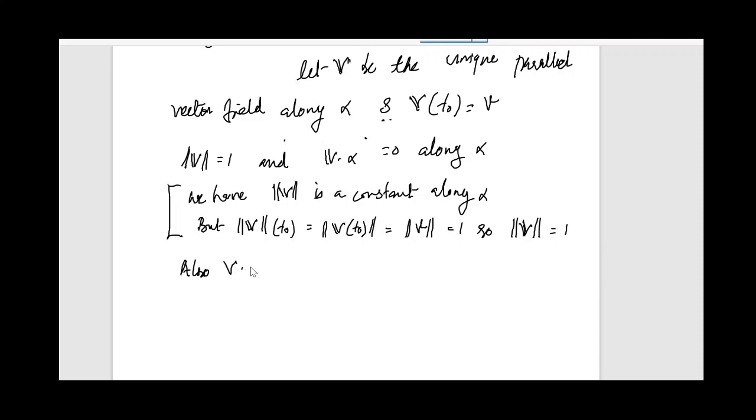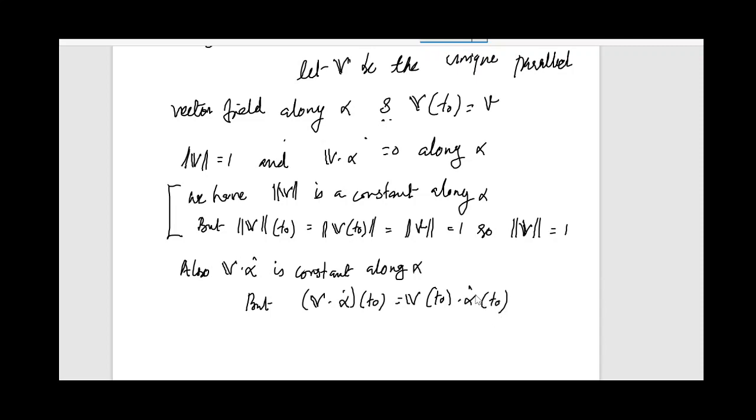Also v dot alpha dot is constant along alpha. But when you're finding v dot alpha dot of t naught, we get it as v of t naught dot alpha dot of t naught.